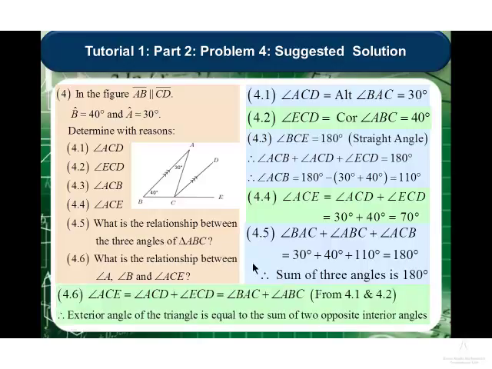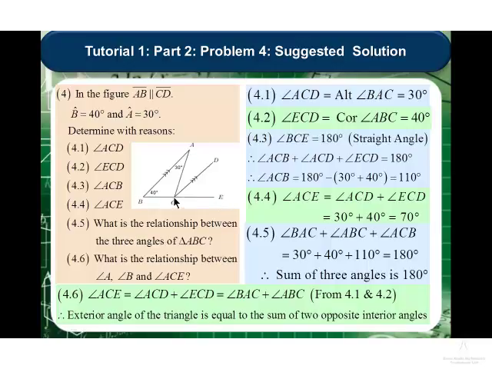And finally, in part 6, we have to determine the relationship between the angles A and B and the angle ACE, the so-called outer angle with respect to the triangle ABC.